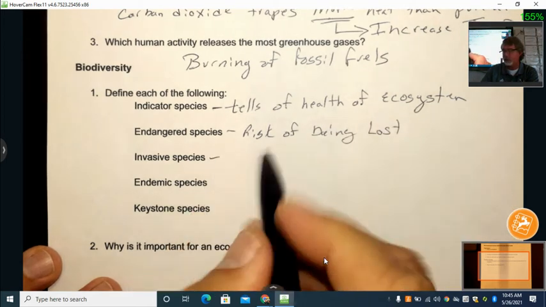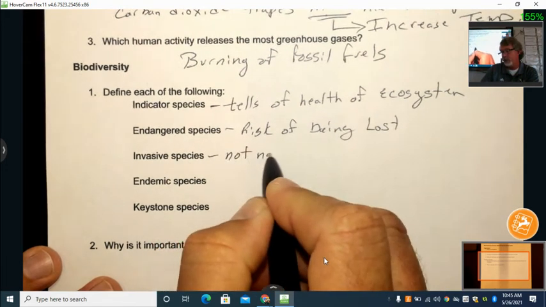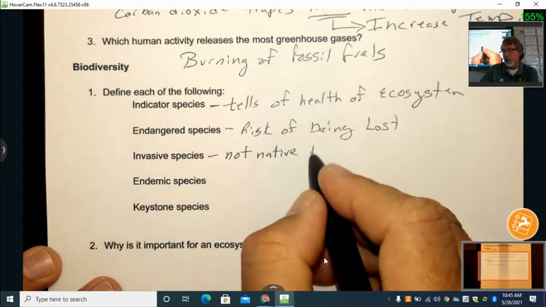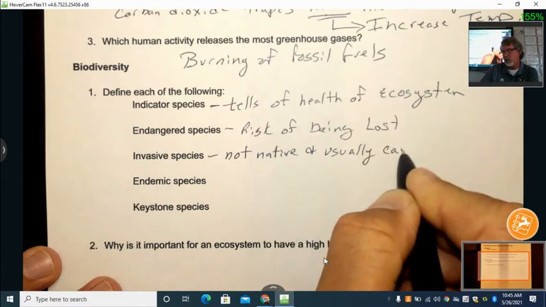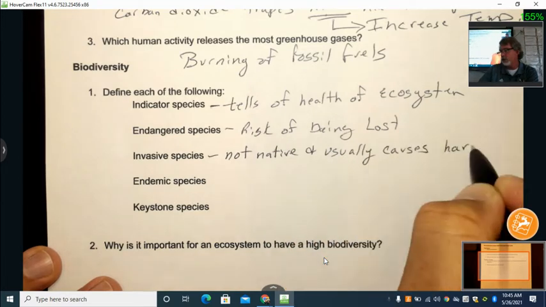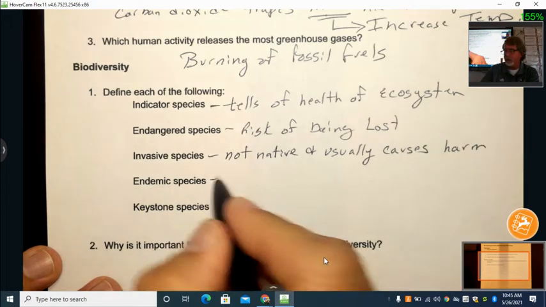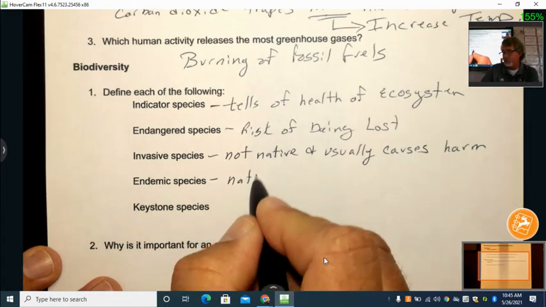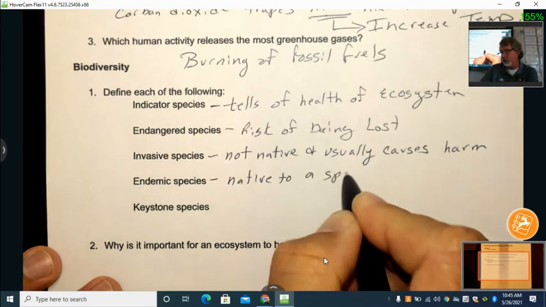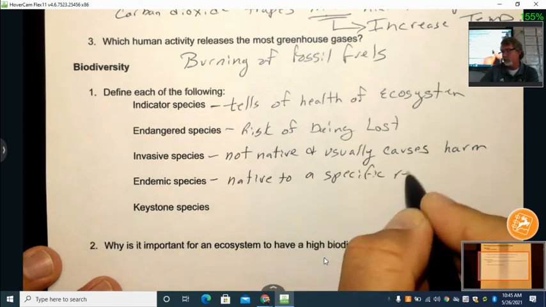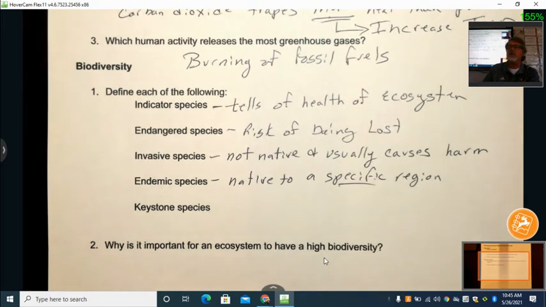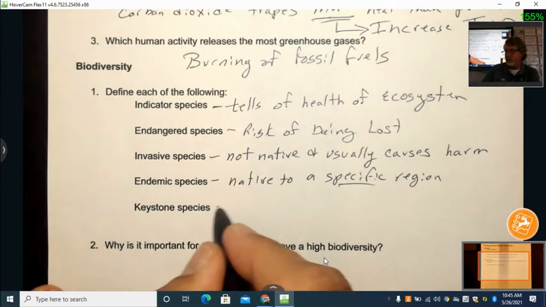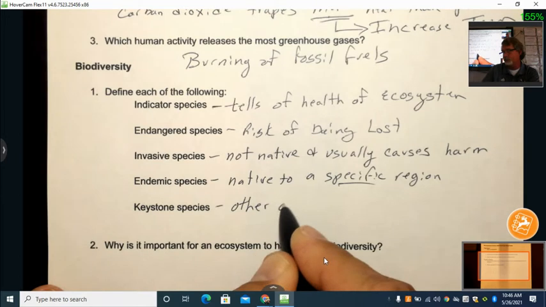Invasive species is not native, and not always, but usually causes harm due to not having a natural predator. Endemic species is native to a specific region. So, for example, you got to be careful. Deer are native to Georgia, but deer are not endemic to Georgia, just a specific region. And then, of course, we got keystones, which other species rely on.